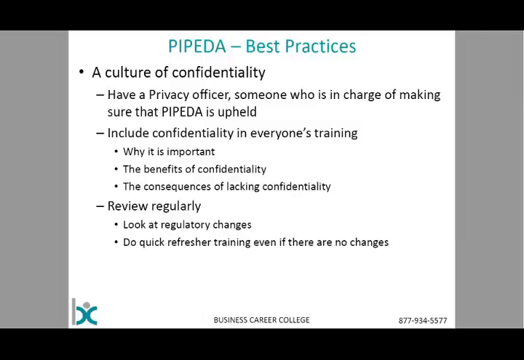When it's a person who truly cares about that and truly understands why that's incredibly important to a customer, it's going to be easy for them to focus on doing privacy and confidentiality right in your organization. And then always remember to review every chance that you get, confidentiality and any changes to the regulations that are out there.